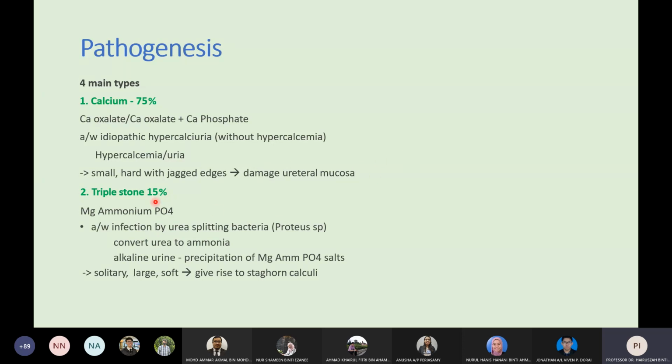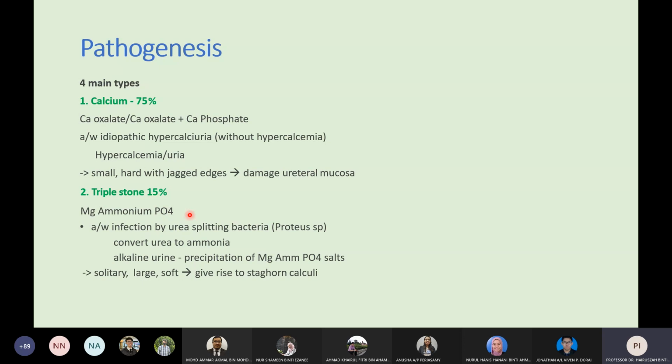Right? Okay, the other type of stone is triple stone, and this actually is associated with infection, especially when the implicated organism Proteus converts urea to ammonia, and that makes the urine alkaline, which favors the precipitation of magnesium ammonium phosphate salt, right?